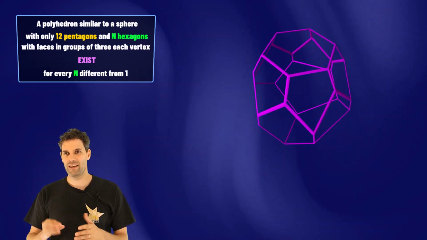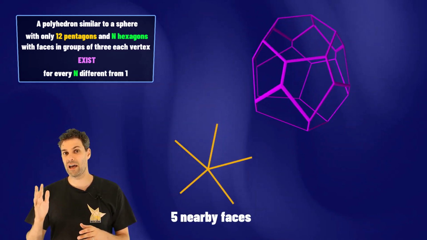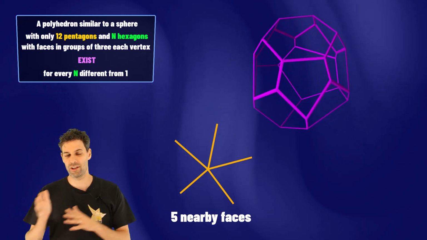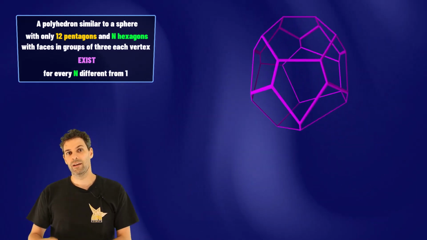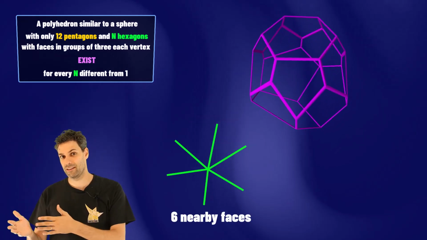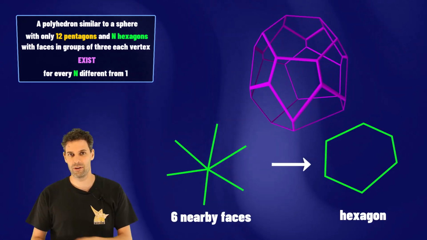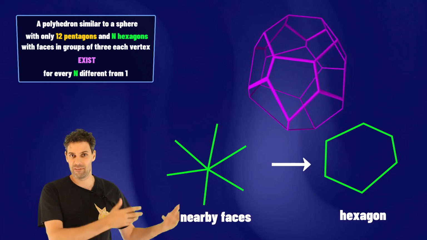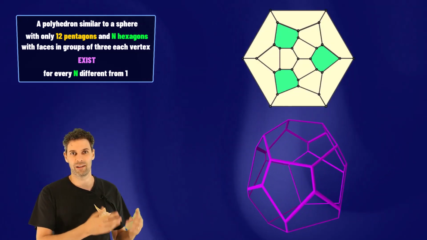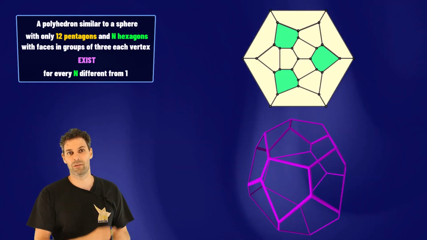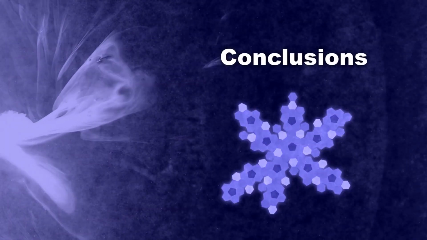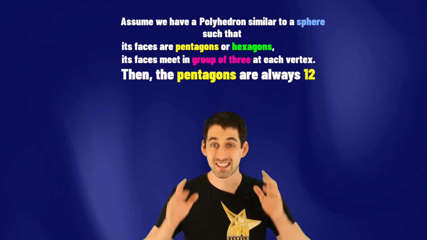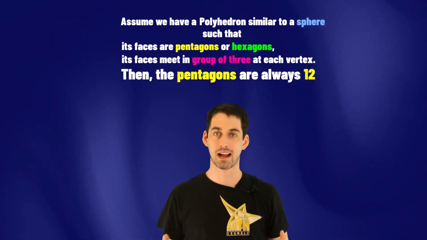In our case, every vertex with 5 nearby faces will generate a pentagonal face, and in the same way, every vertex with 6 nearby faces will generate a hexagonal face, and so we have constructed exactly the polyhedron we were aiming for. There is so much magic in this result.